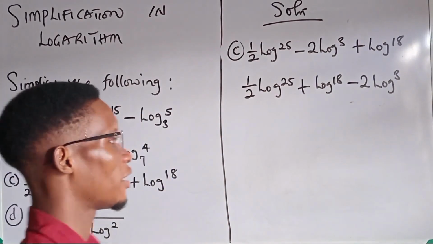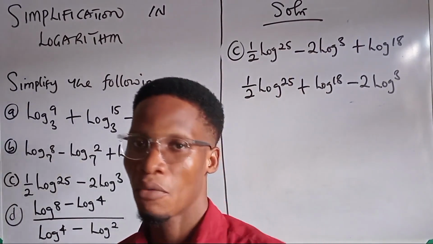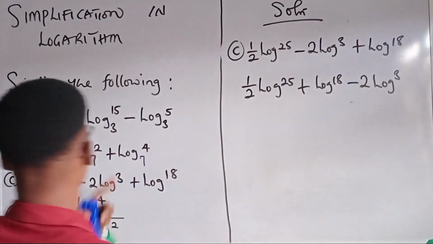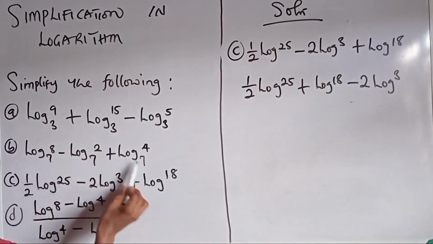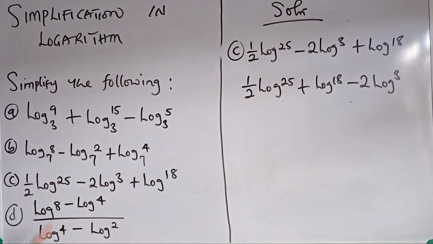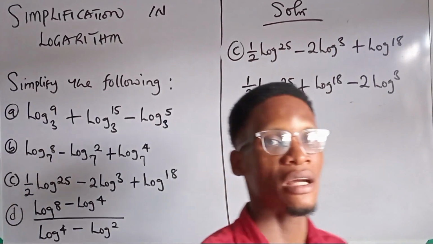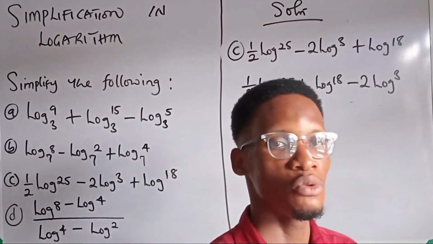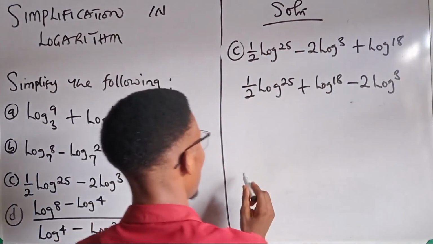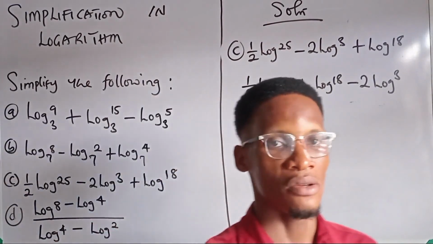So I've already rearranged. And there's one thing you should note there. When I give you this one we're having the base 7, 7, 3. All right, but in this case, there's no base given. And whenever you are given an equation of this kind, what you should do is to note that when the base is not given, it is of what? Natural base.